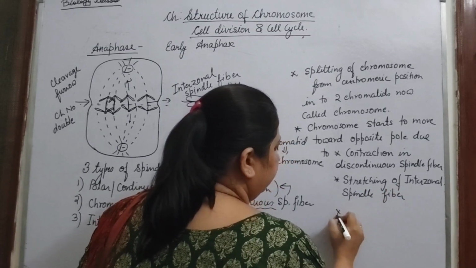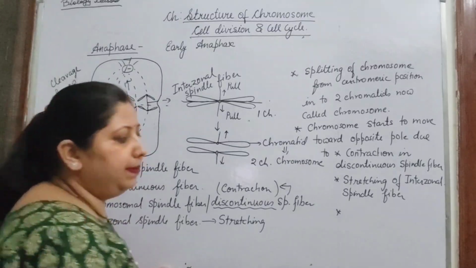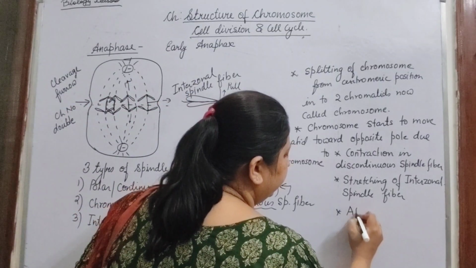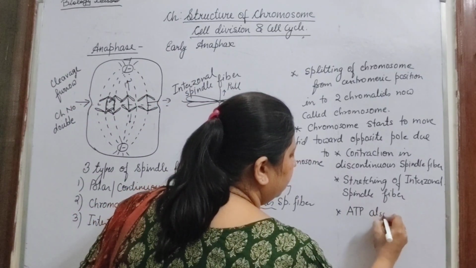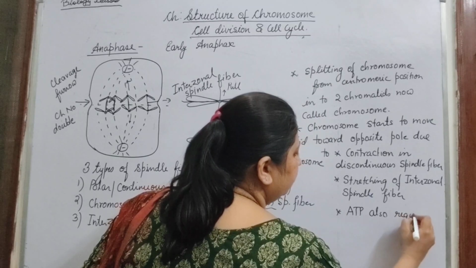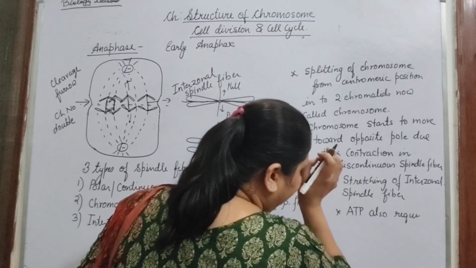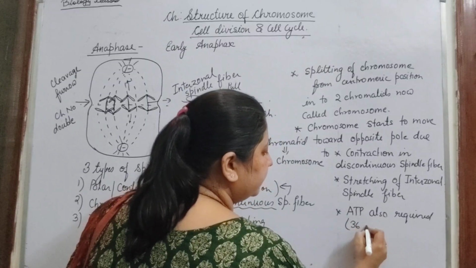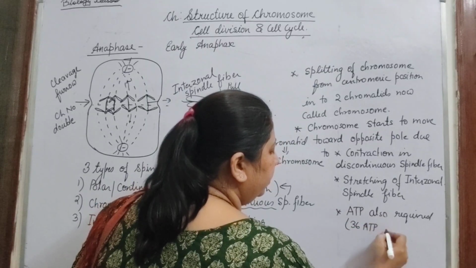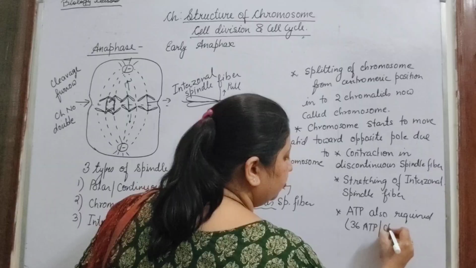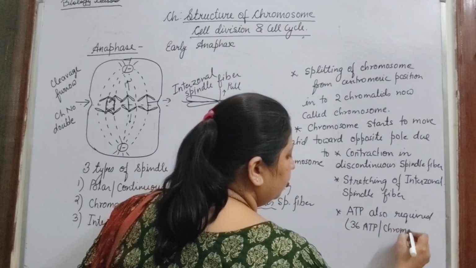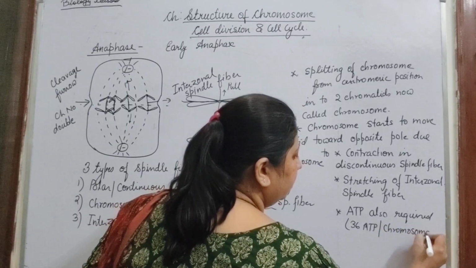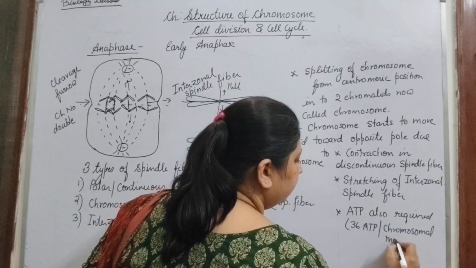We also require ATP. So ATP is also required. As you know, 36 ATP are required per chromosomal movement.